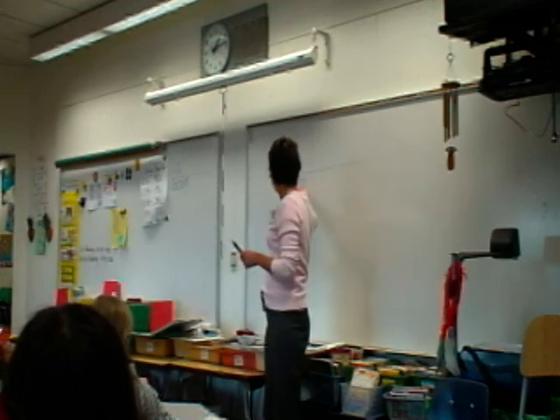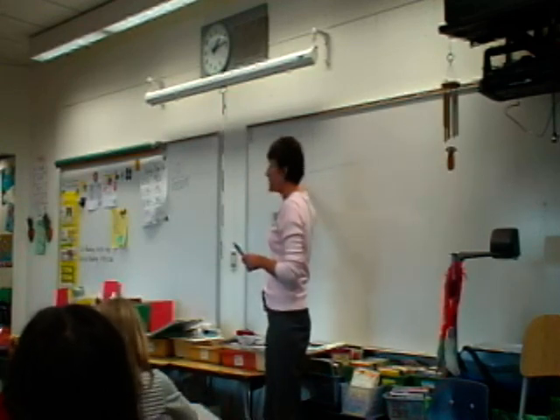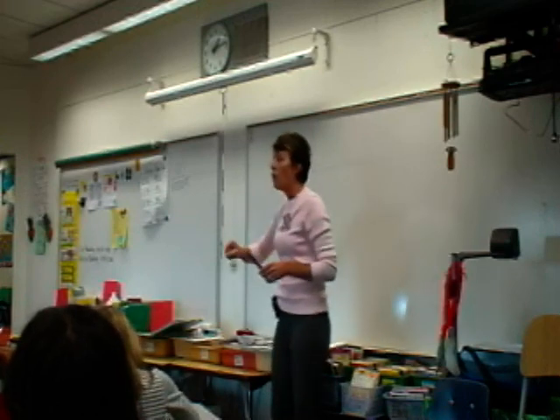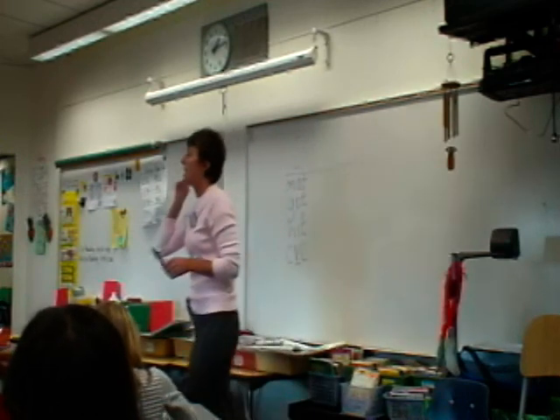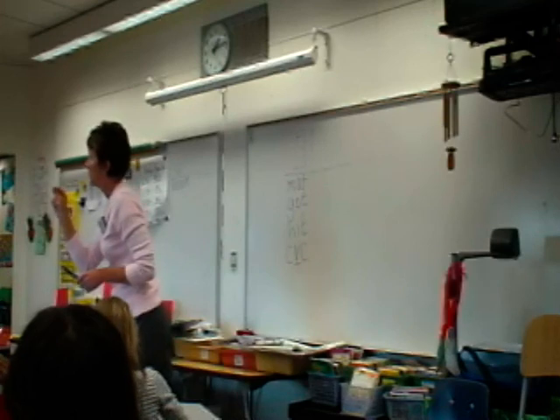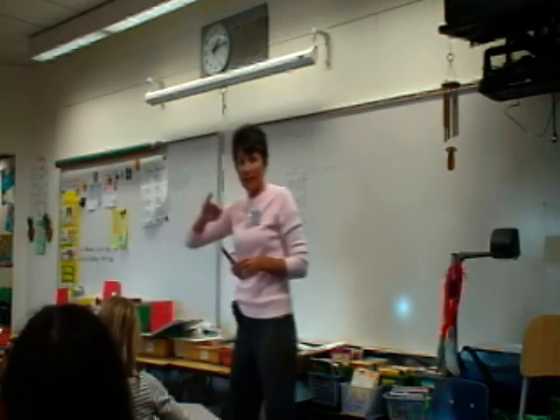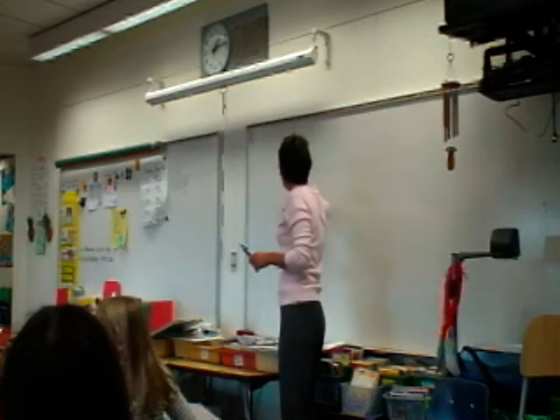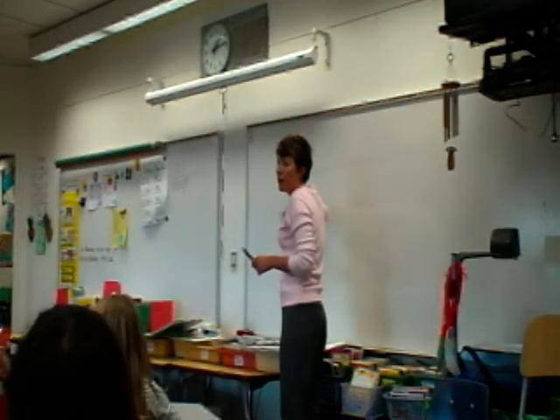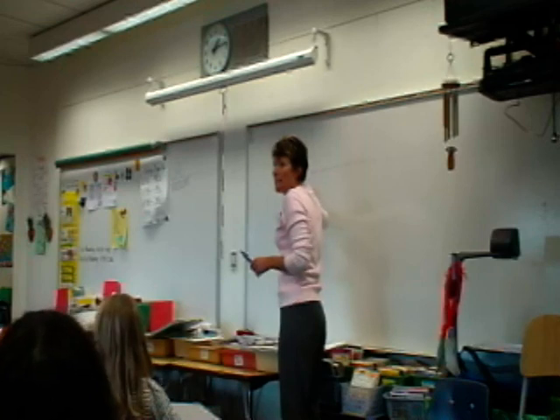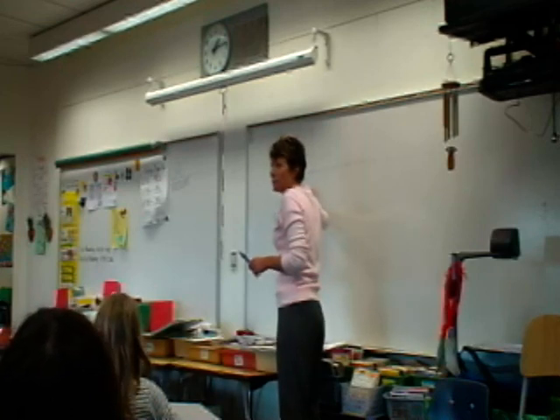So we know that in here, these vowels are always going to make that short sound. Because vowels make 2 sounds, the long sound and the short sound. Whenever it's in a closed syllable, it will always make the short sound.